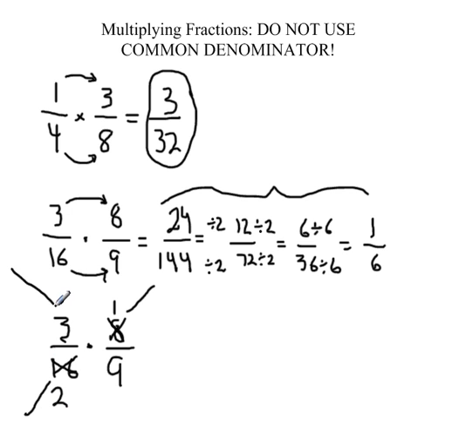Now looking at this set of diagonals, 3 and 9, they're both multiples of 3 also. 3 goes into 3 once, 3 goes into 9 3 times. Once you've done that simplification process, then you multiply across the top as we did up here in this example. 1 times 1, obviously we'll have 1 as a numerator.